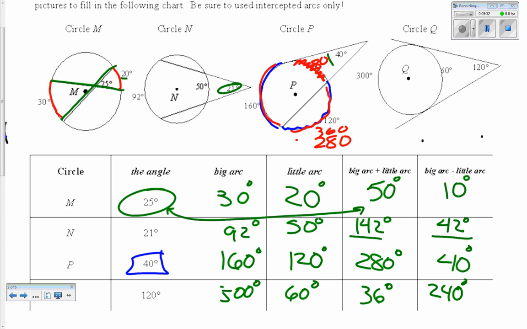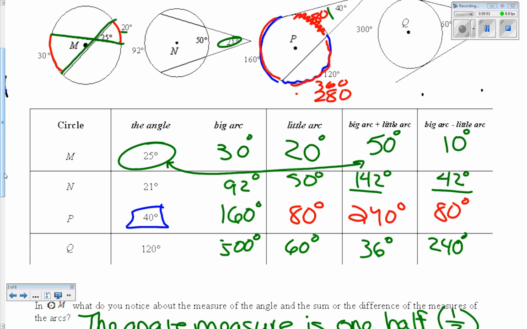Okay, so let's go ahead and fix that on our chart. The bigger one is 160, the smaller one is 80. Okay, so when I add those two together, I get 240, and when I subtract them, I get 80. That's much better. Okay, so going back to what we were saying, sorry about that, guys. Right here, 21, I see my relations over here.